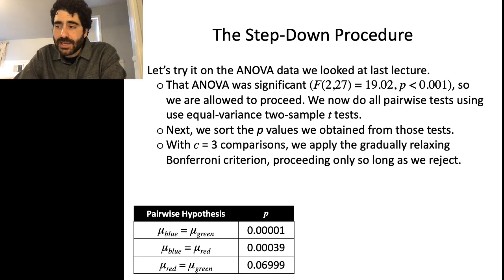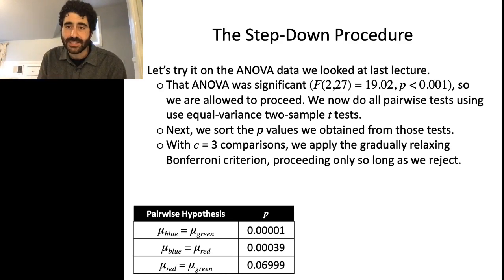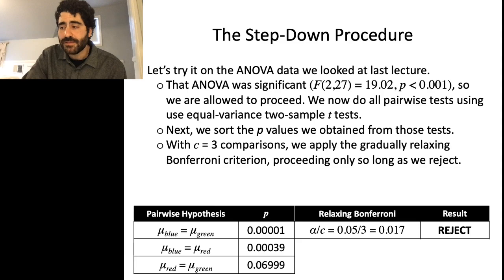Okay, so C is 3 here, right? It's not because there's 3 groups, it's because there's 3 pairs of groups, right? So we ran 3 t-tests here, and so C equals 3. And so we're going to compare our lowest p-value to the Bonferroni correction, which is 0.05 divided by 3, which is 0.017. And our p-value is lower than that.